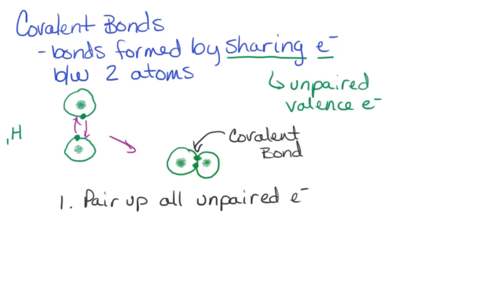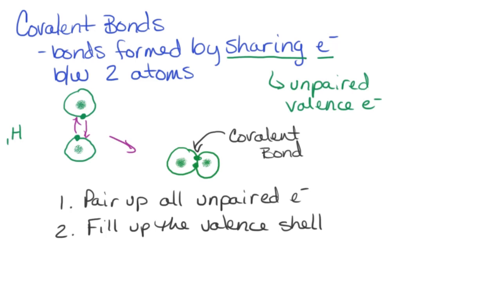The second thing that we want to happen when we do this is we want to fill up the valence shell. Remember that different shells have different maximum numbers of electrons. So the actual number that we're shooting for in the valence shell depends on the shell in question. In this case, it is the first shell, and recall that the first shell holds a maximum of 2 electrons.